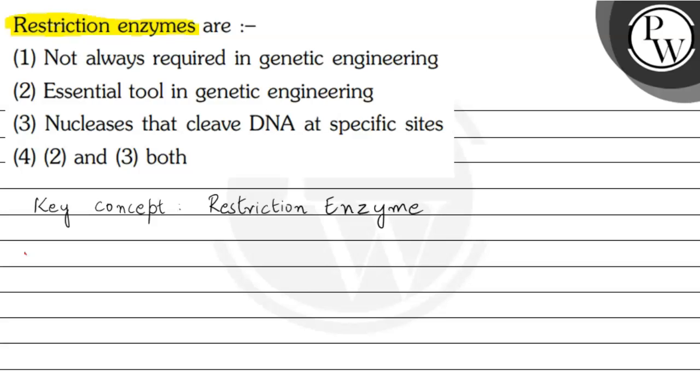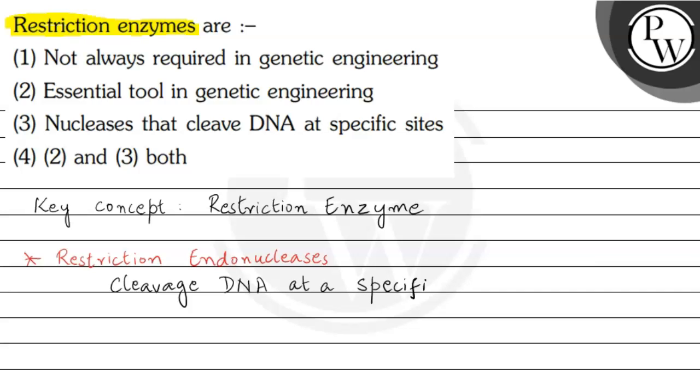So first of all, restriction enzymes are also known as restriction endonucleases. So restriction endonucleases are specific types of nucleases that can cleave DNA at a particular site or at a specific site only.